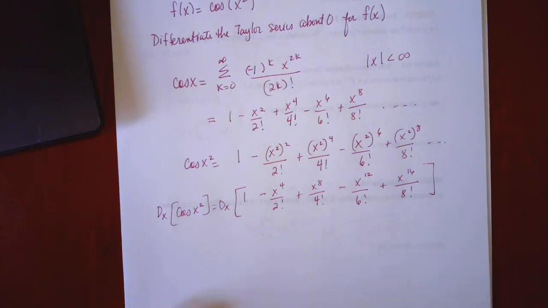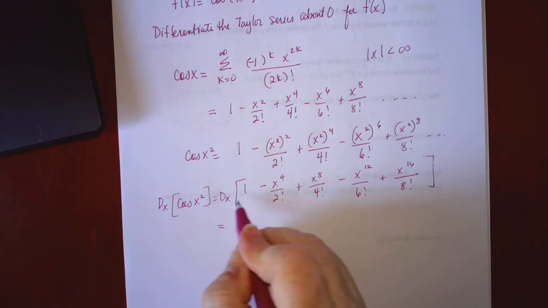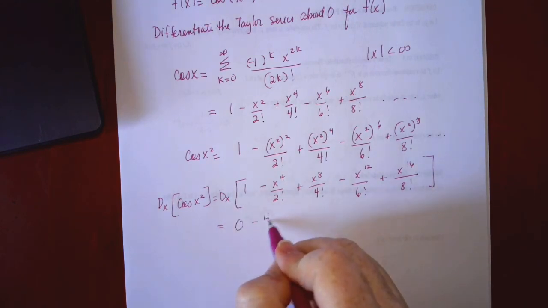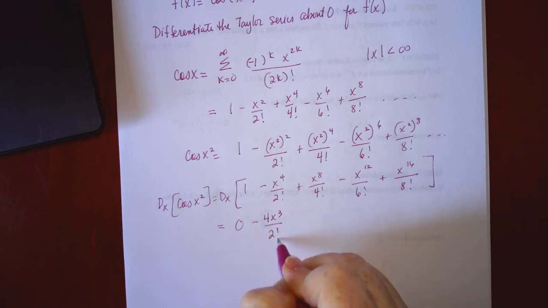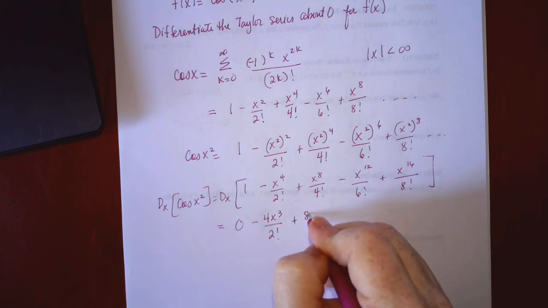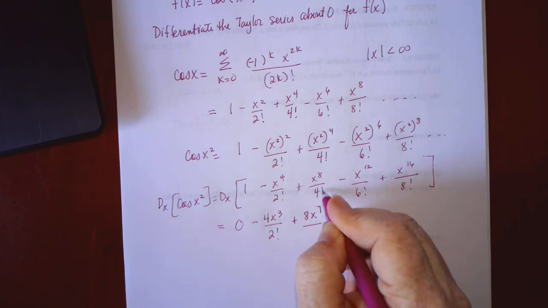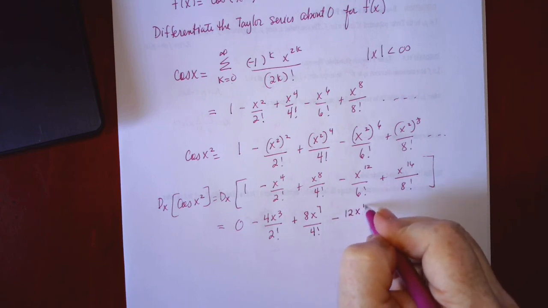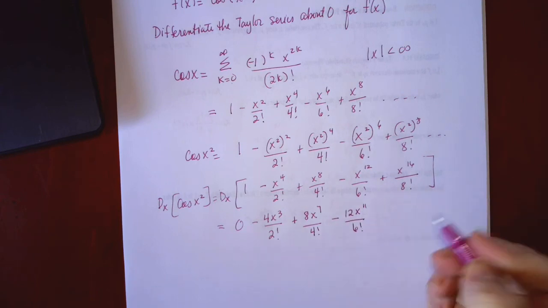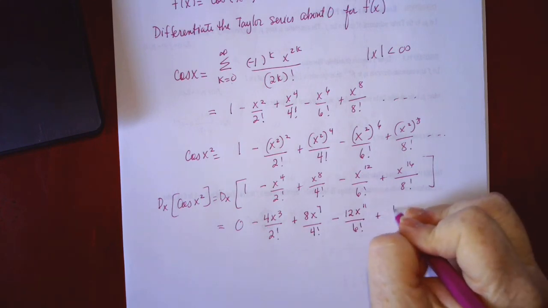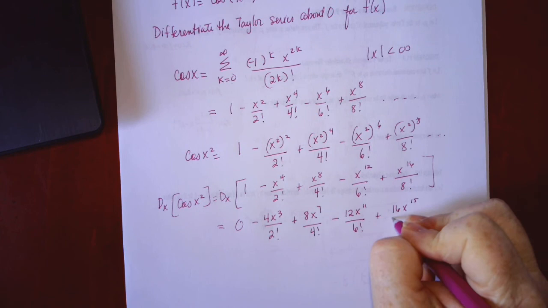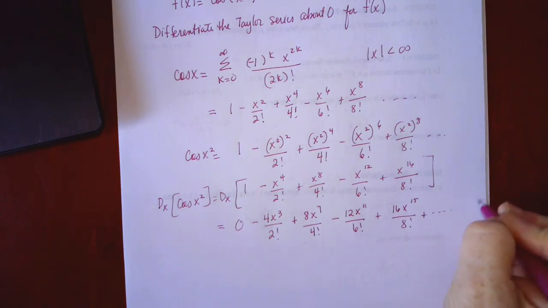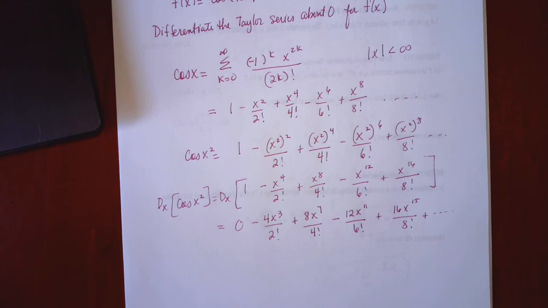If you're doing it term by term, we would have 0 minus 4x cubed over 2 factorial plus 8x to the 7th over 4 factorial minus 12x to the 11th over 6 factorial plus 16x to the 15th over 8 factorial, and so on and so forth. Okay? Is everybody okay so far?